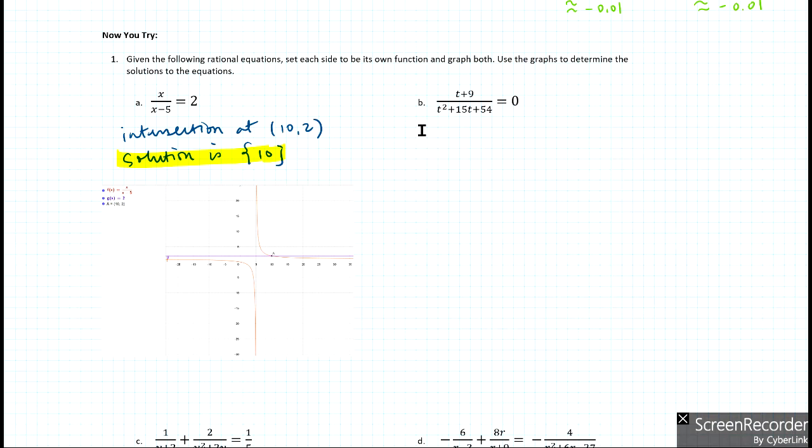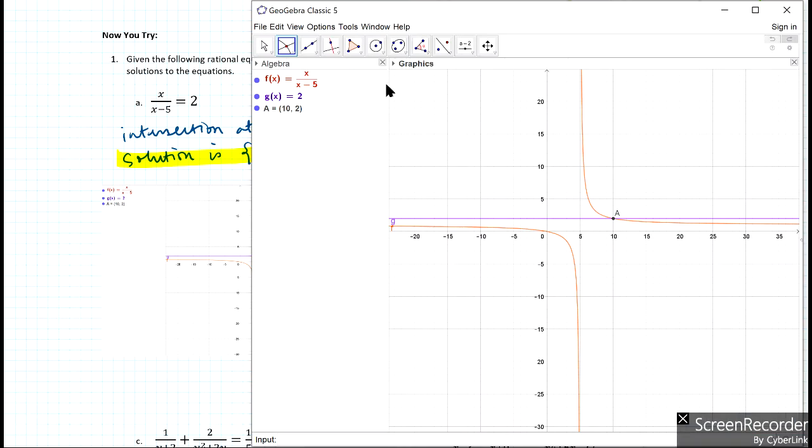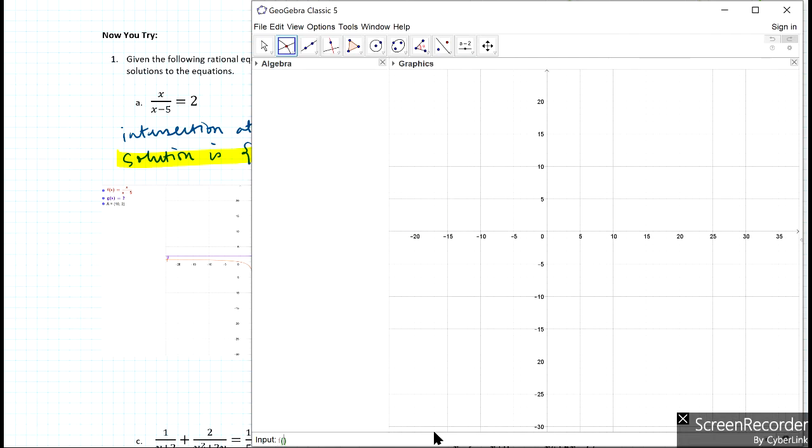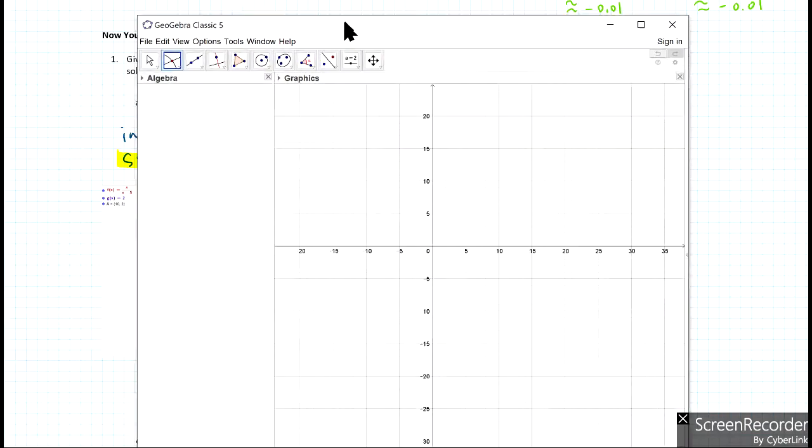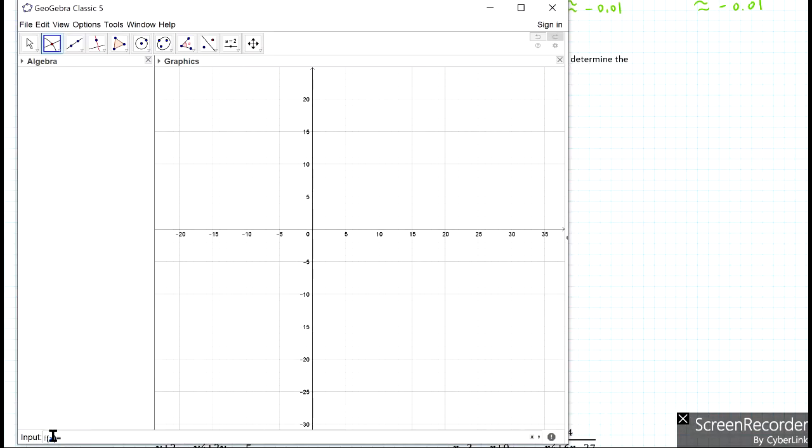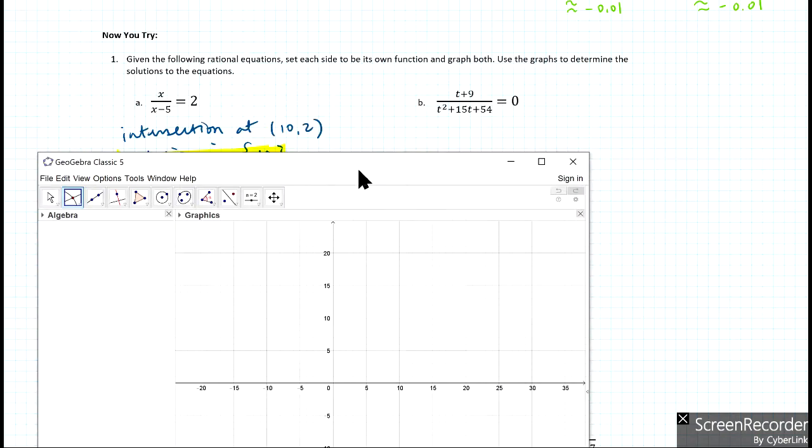Looking at part B, we can put this in GeoGebra again. I'm going to delete these. Here I have the left hand side, f of x is equal to, or in this case f of t. I'm just going to be consistent with the variables that we are given.